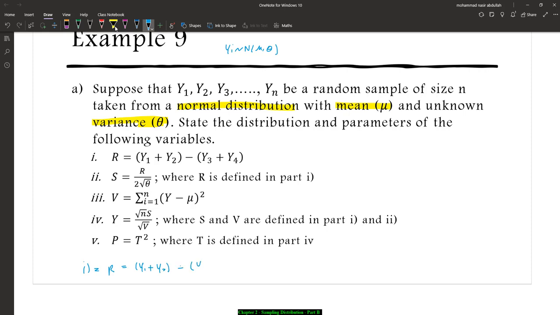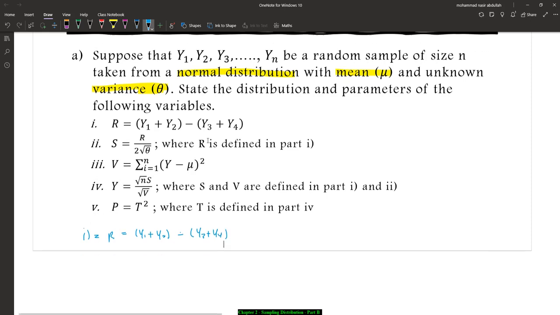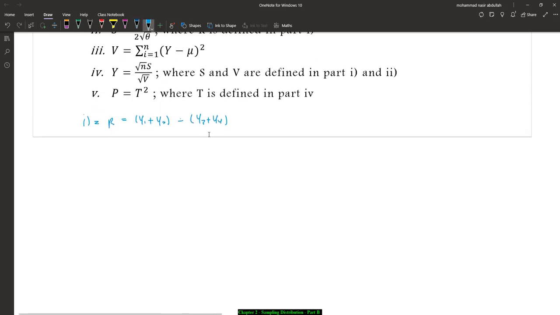So R is equal to Y1 plus Y2 minus Y3 plus Y4. Right, so first we need to find the expected value of R. Expected value of R is equal to expected value of Y1 plus Y2, actually can do the same thing, Y3 plus Y4.